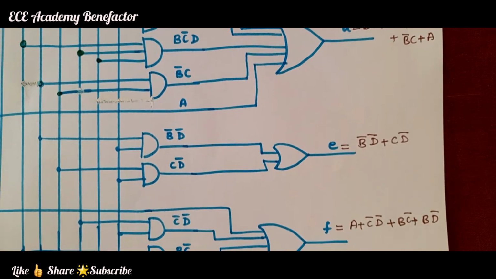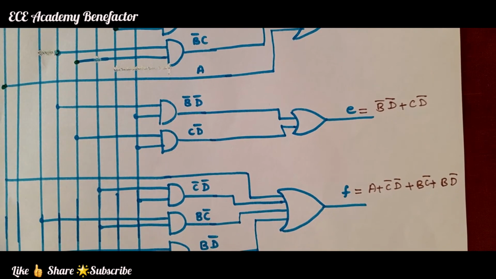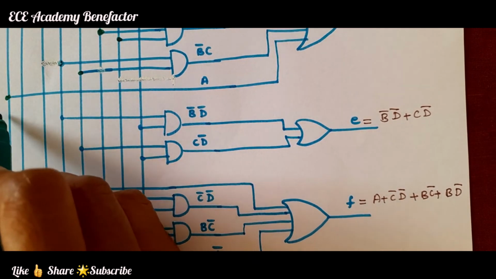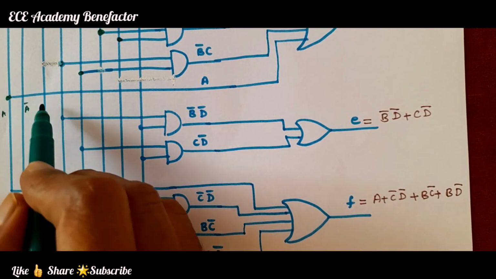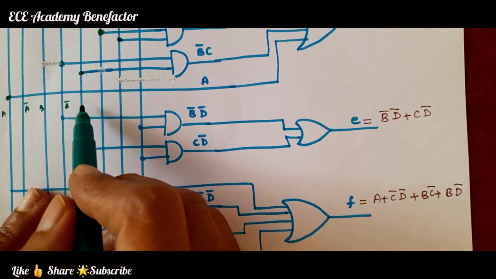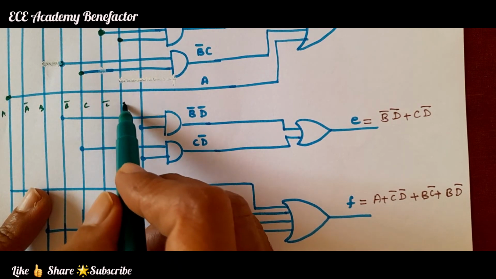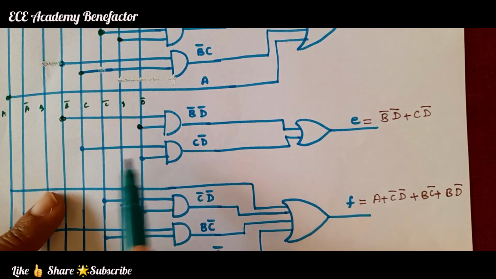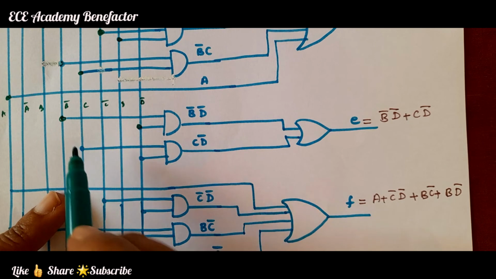Now let us see how to generate the function E. E is connected to B bar. So this is A bar, B, B bar, C, C bar, D, D bar. Connect to B bar, D bar. Next term is C, D bar.